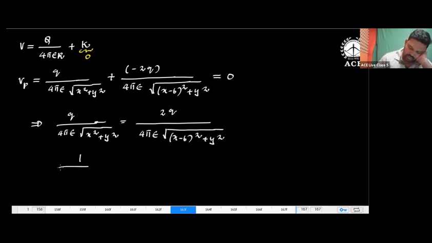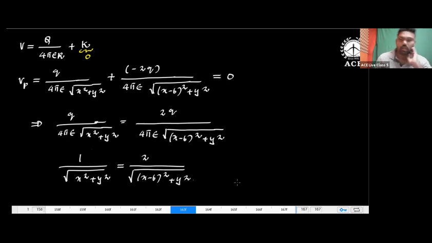Here it is 1 by square root of x square plus y square equals 2 by square root of (x minus 6) square plus y square. Take the cross product, beta, here. Let me turn the page here.